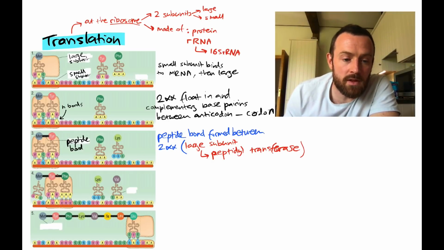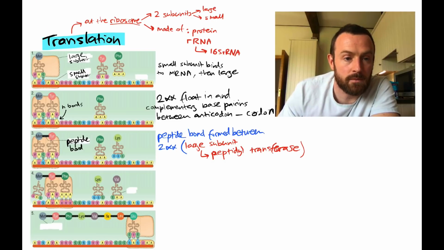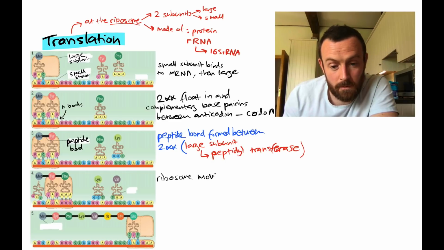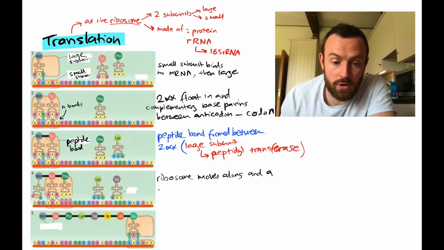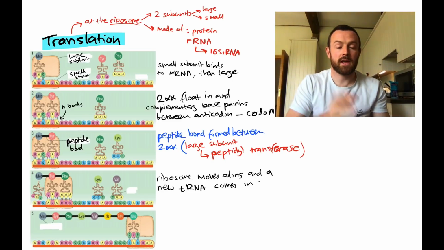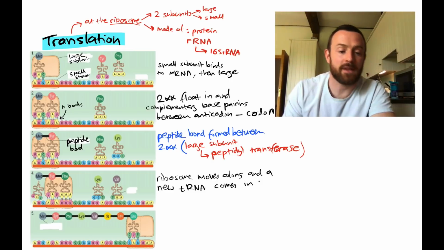So now we've got this peptide bond formed, and the ribosome moves along one. So ribosome moves along, and a new tRNA comes in. Not just any tRNA, but the correct one, where we can have complementary base pairing between the codon and the anticodon.